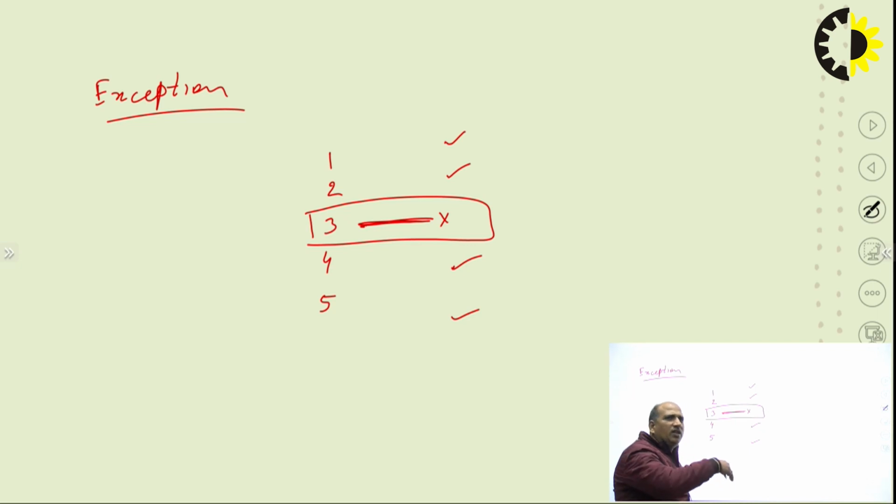So this way, by handling the exceptional situation in your piece of code, you can make your code robust. You can make your code run even after there is some error in your code. So I hope you understand what the exception is. We basically say exception is an abnormal situation.